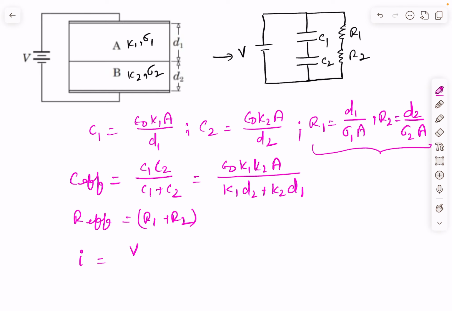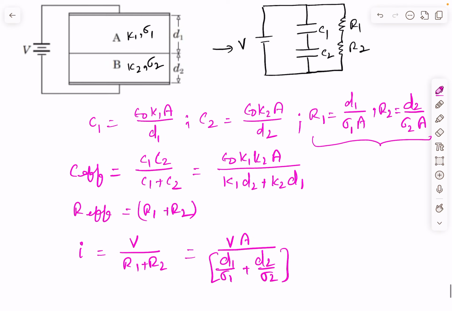Current can be written as potential difference across the terminals of the resistances divided by effective resistance R1 plus R2. So if we plug in the values we can get the value of current. So current comes out to be V into A divided by D1 upon sigma 1 plus D2 upon sigma 2. So we are going to use these values in the electric field calculation.